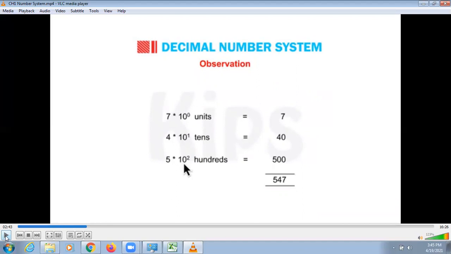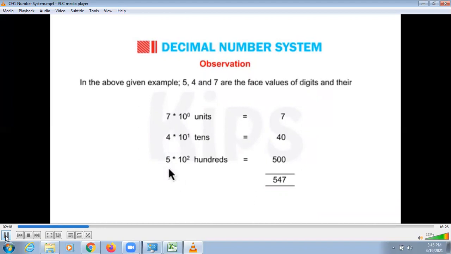So these are the total 10 digits. In the above given example, 5, 4 and 7 are the face values of the digits and their place values are hundreds, tens and ones respectively. The face value does not depend on the position of the digit in the number.